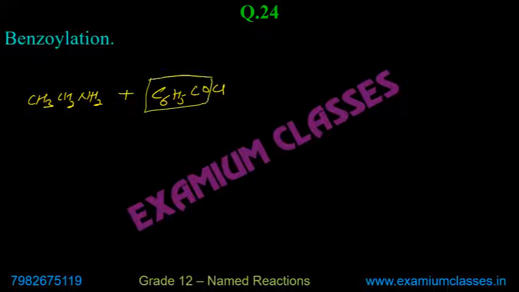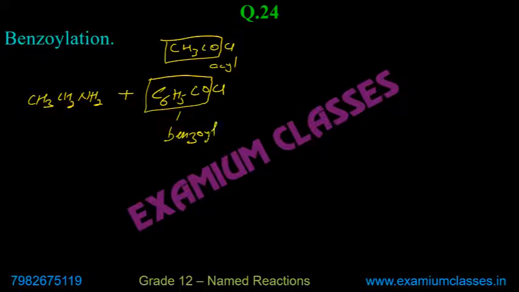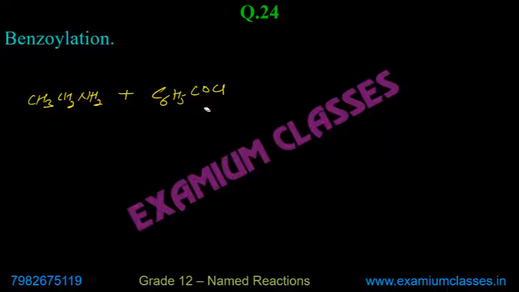So this is the benzoyl group, similar to CH3COCl, which is the acyl group. Benzoyl chloride, in the presence of alkali, NaOH, for example. In a few cases, it is written as OH minus also, just to show that there is alkali present.